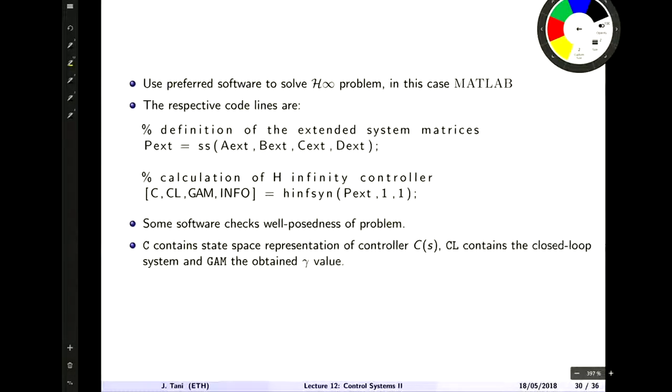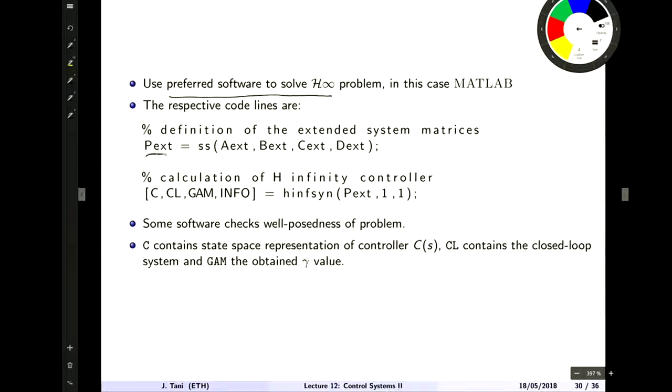And now, I try to reduce my explainings to 2 lines of code. So you do all of this, and then you use your preferred software to solve the H-infinity problem. I used MATLAB, although it's not my preferred software. And then the 2 lines of code which will turn on the H-infinity machine are just these.